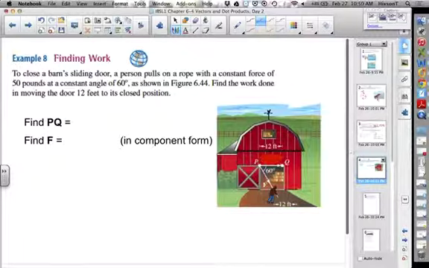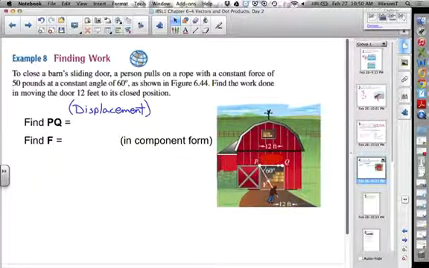Alright, so PQ is a displacement vector. Okay, that's a displacement vector.